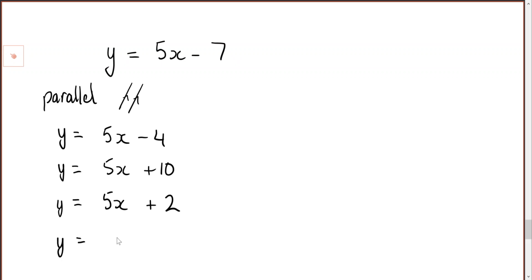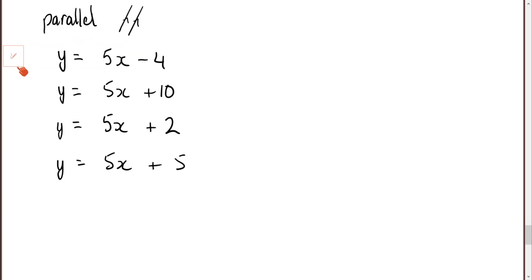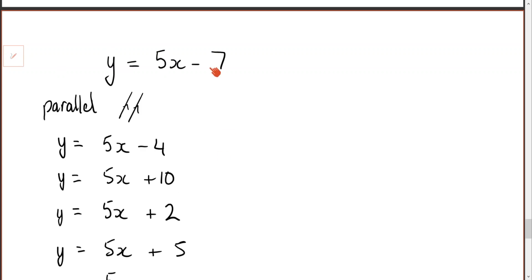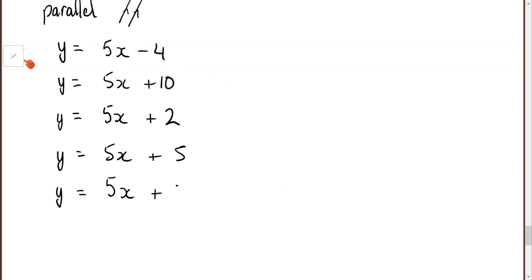Y equals 5x plus 5. Marley, can you give me another one? Anything you want. 7. 7 again, that's the same one, wasn't it? -7. No, I had -7. So yeah, plus 7 would work.